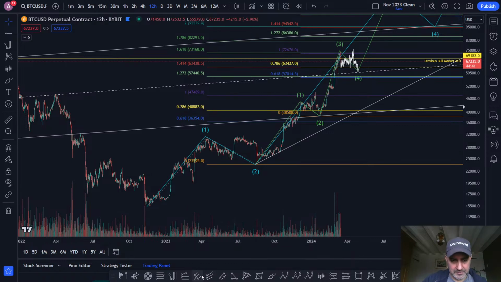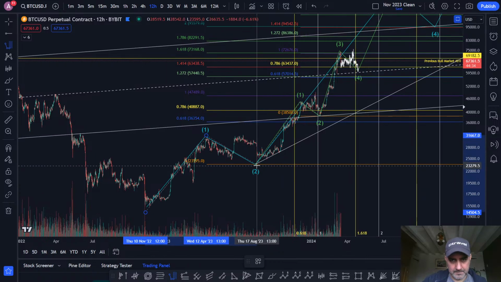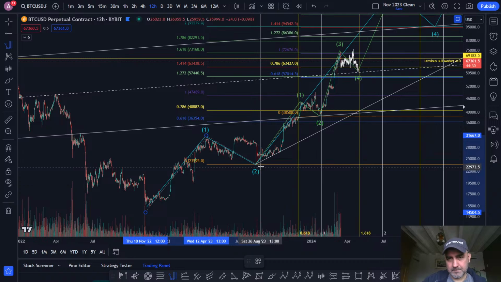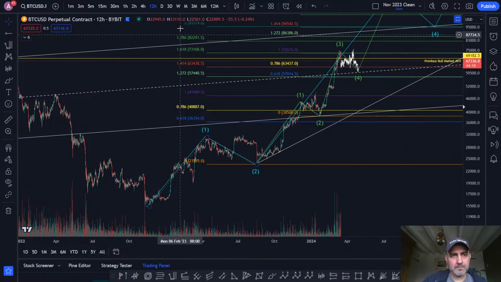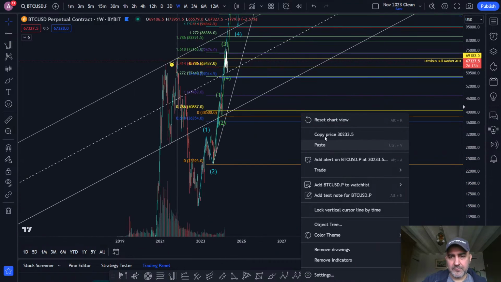Let's try this one. Just do it on the weekly time frame. We're done.